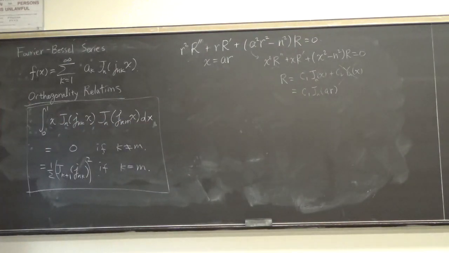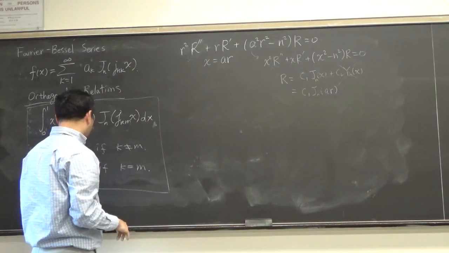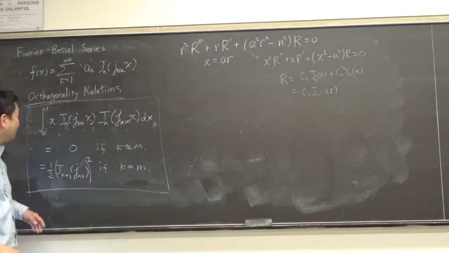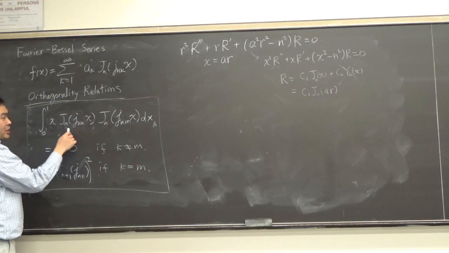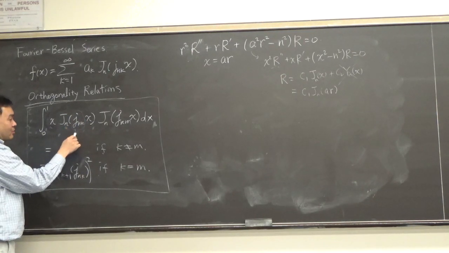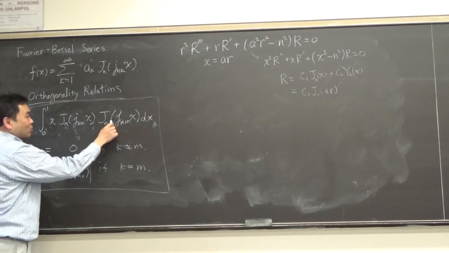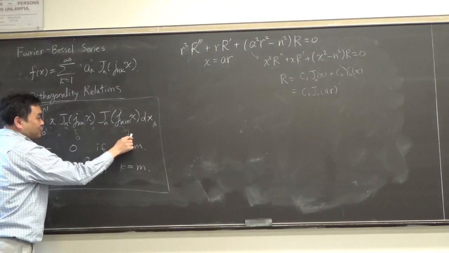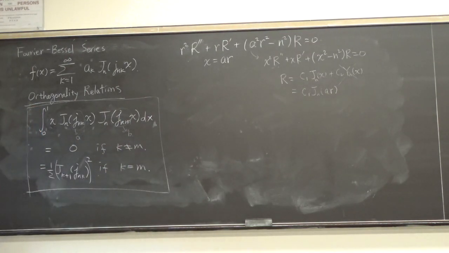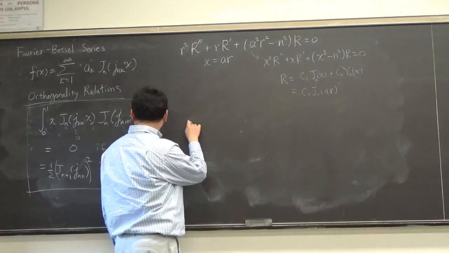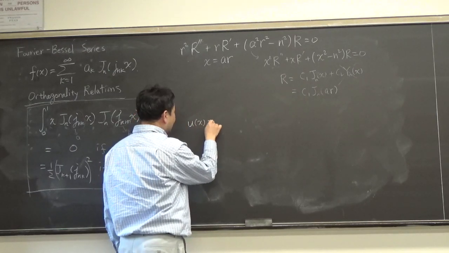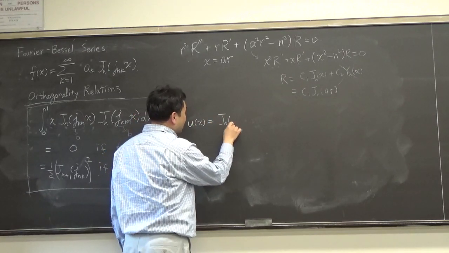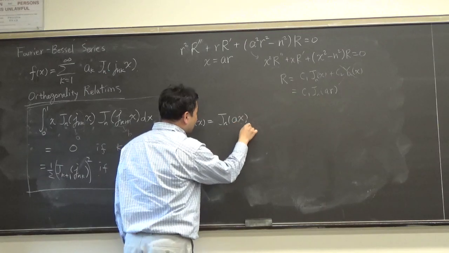And the way we are going to use it is, first of all, this looks overly complicated. So let's call this one A, and let's call this B. Let's rewrite u of x as J_n of a times x.